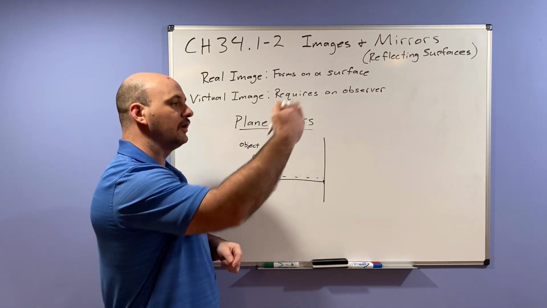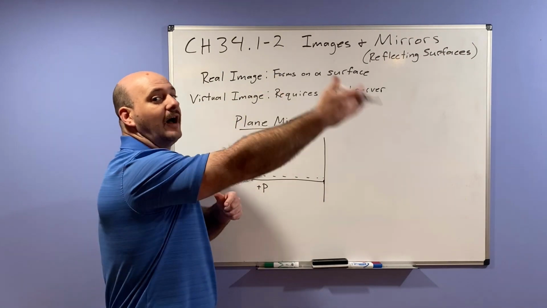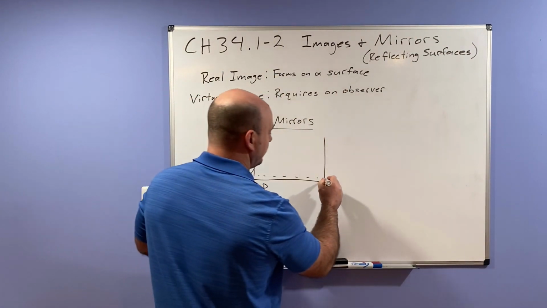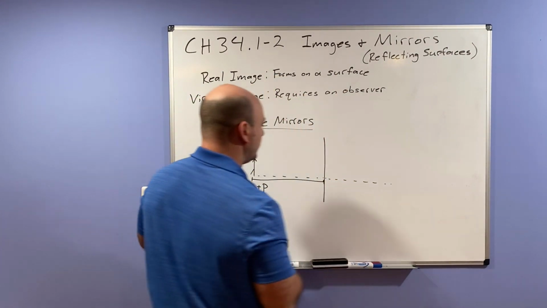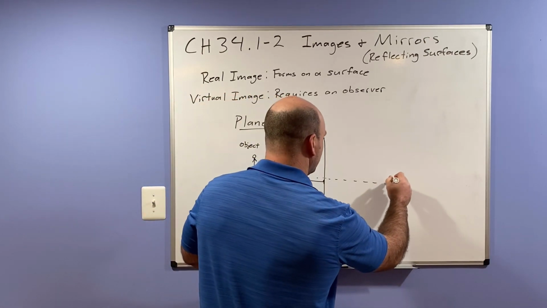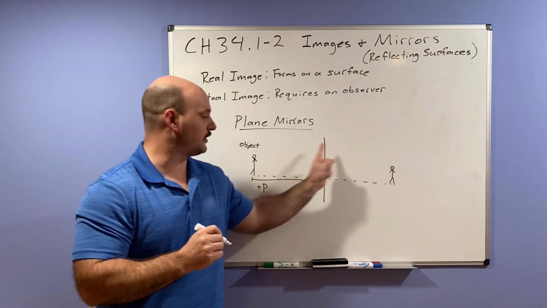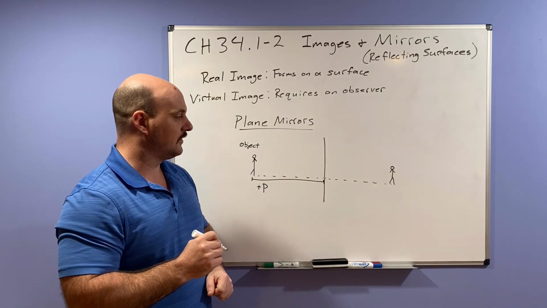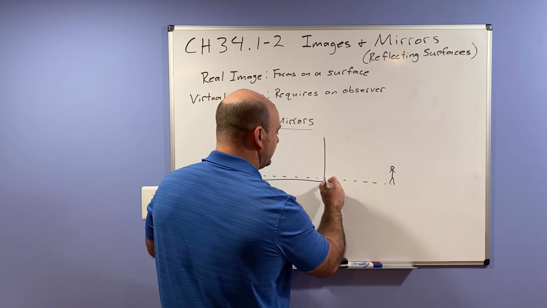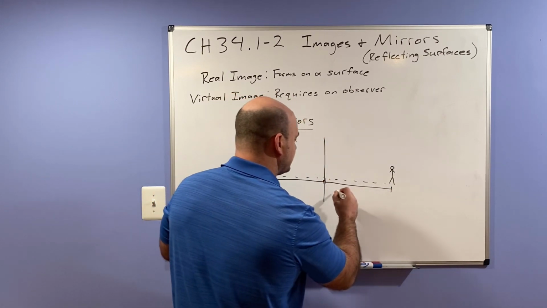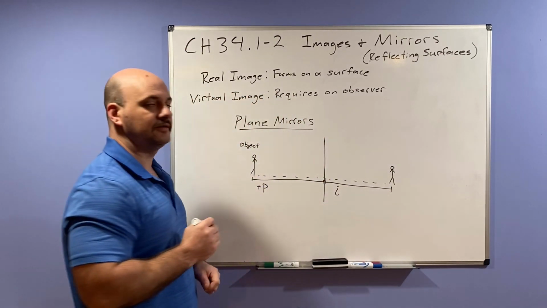You're looking in the mirror, you see yourself on the other side of the mirror. We see the same image of the person on the inside of the mirror, and this is called the image distance, given by the symbol i.